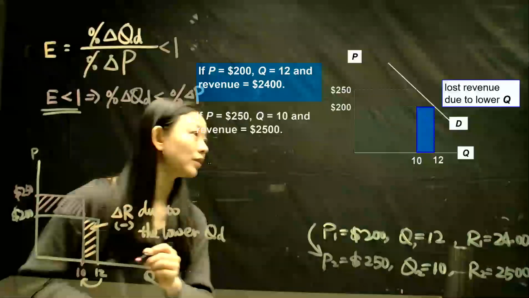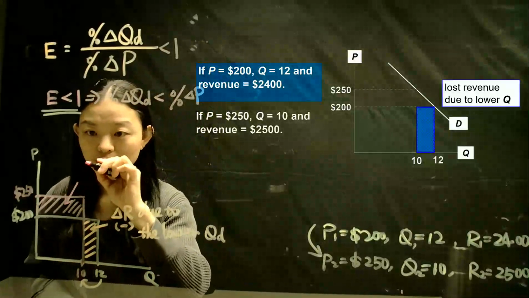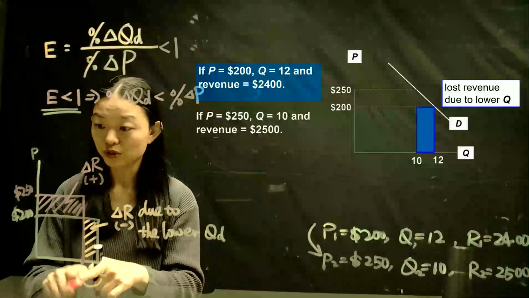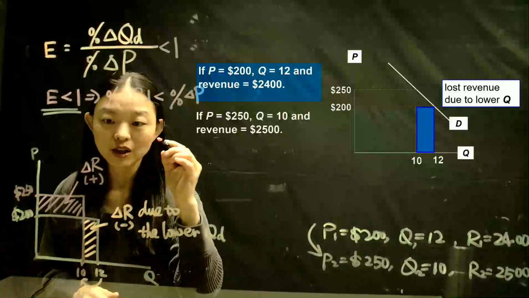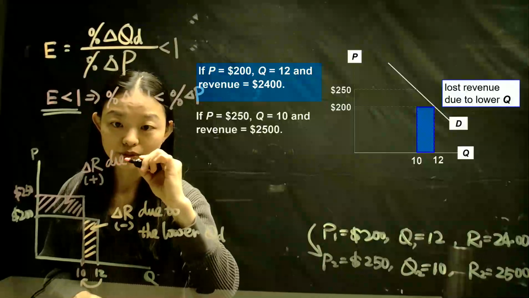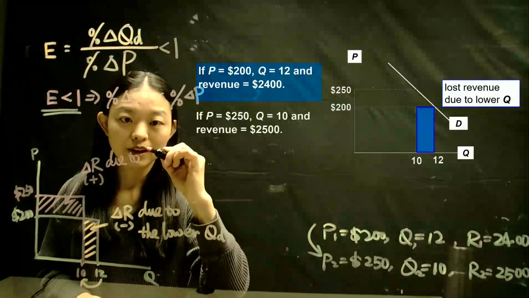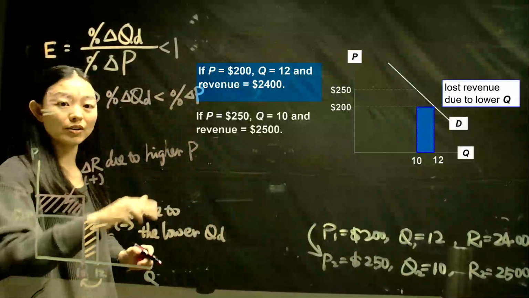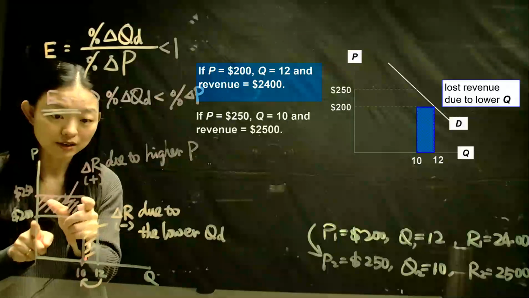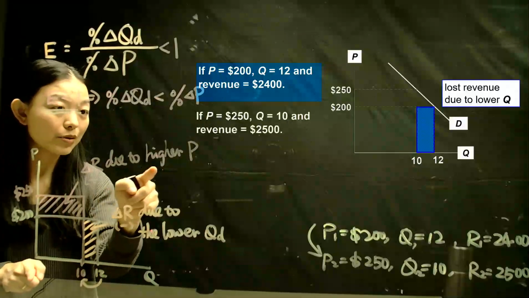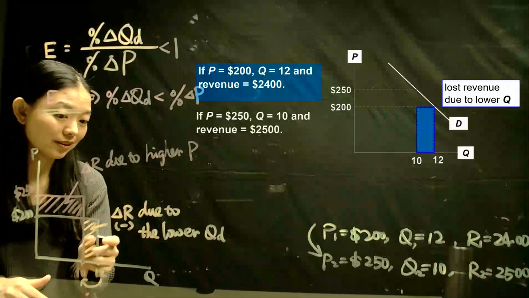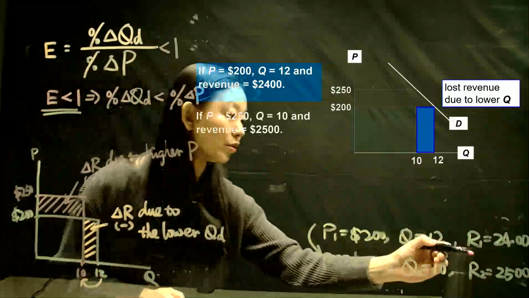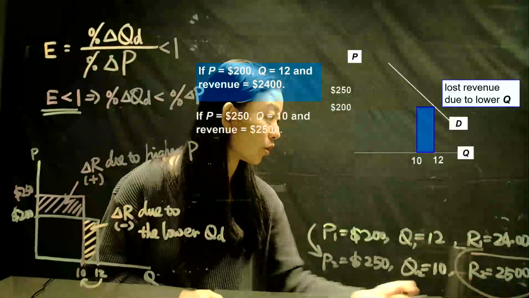So this area measures the change in revenue. This should be positive because for each unit you sell, you can charge $250. The change in revenue due to higher price. So you can see the change in revenue due to higher price is larger than the decrease in revenue due to the lower Q. So the total revenue finally increases.